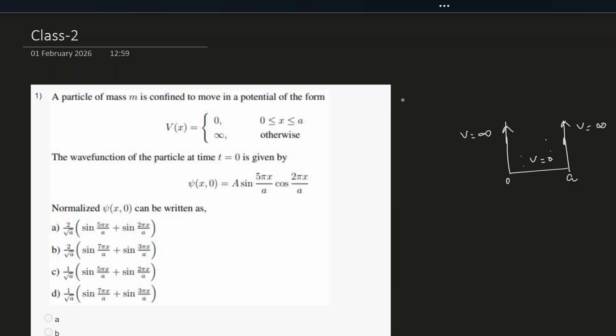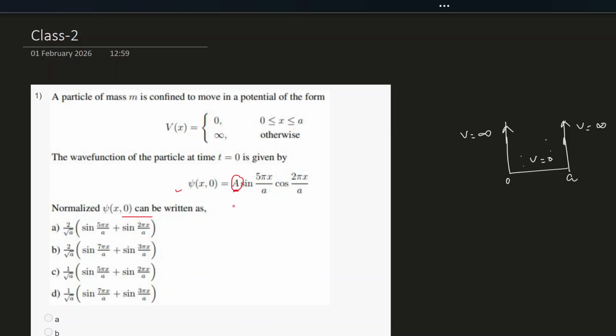So now it is saying that the wave function of the particle at time t equal to 0 is given by this. Now what should be the normalized wave function? You can see in this wave functional form there is this a, which is an unknown constant, because they have not specified any value of a. Now you know that any wave function, to be physically valid, has to satisfy the normalization condition.